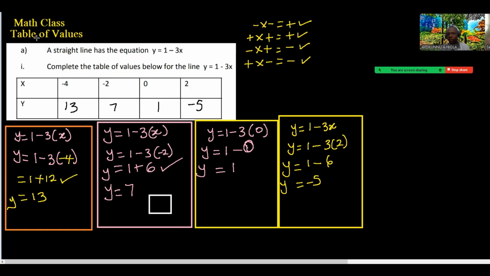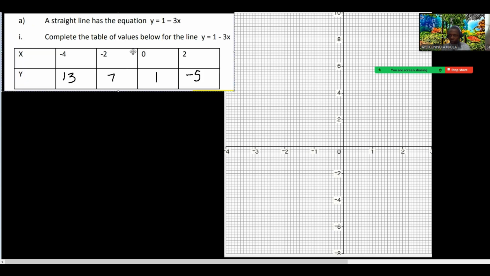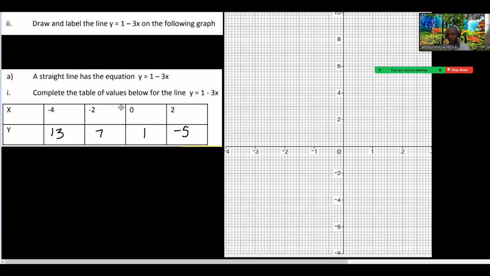This is what we have. But we have the values of the table to plot. The instruction says we should draw and label the line, and these are the coordinates that are going to give us a line for x and y. Are you following this, please? Okay, fine.